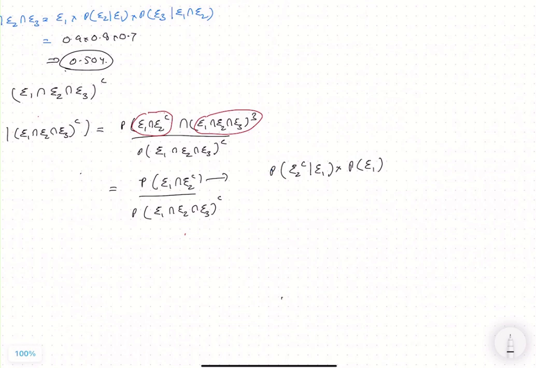And what is the probability of E2 complement, like failing E2 while passing E1?